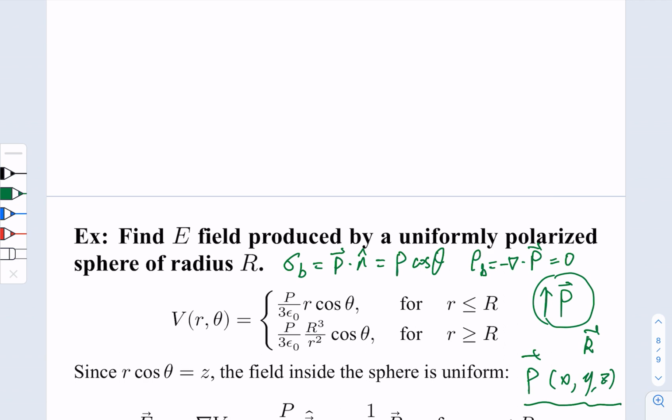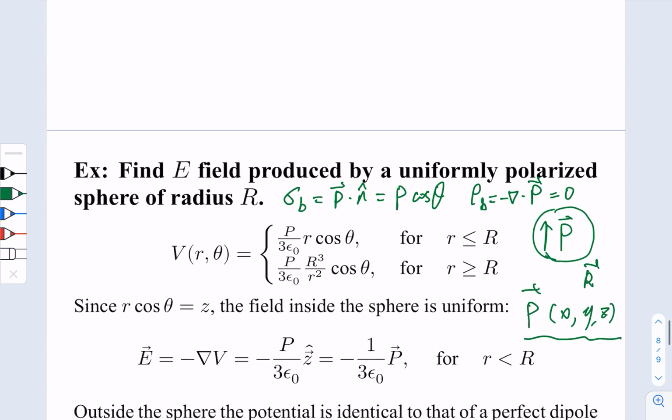So now you see that this can be considered as an alternative problem where there are only surface charge distributions throughout the surface of this sphere, and this problem is already solved in our previous lecture. If you look up your notes in the lecture, this is the result for the potential.